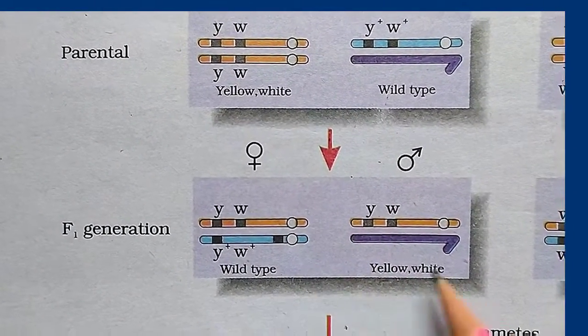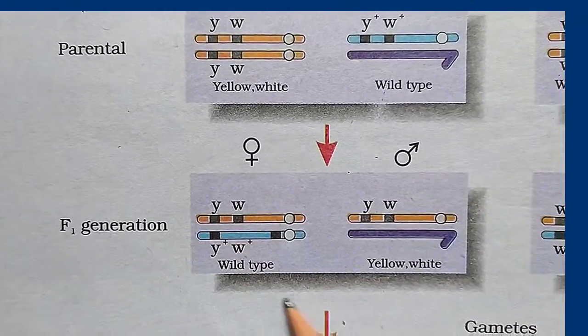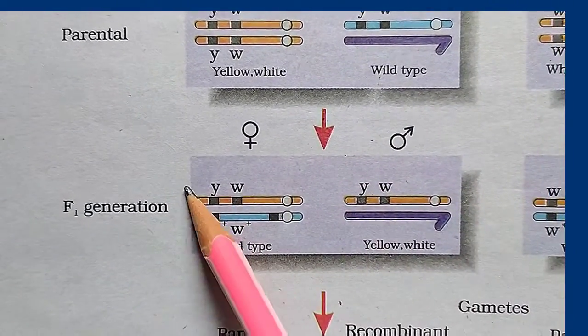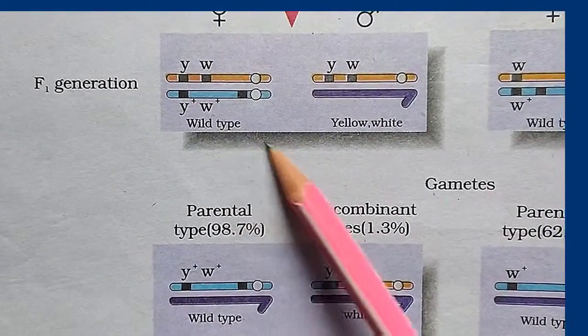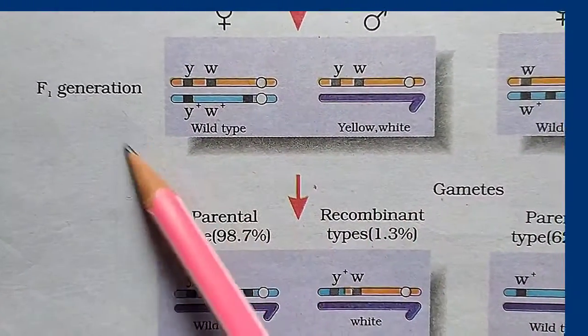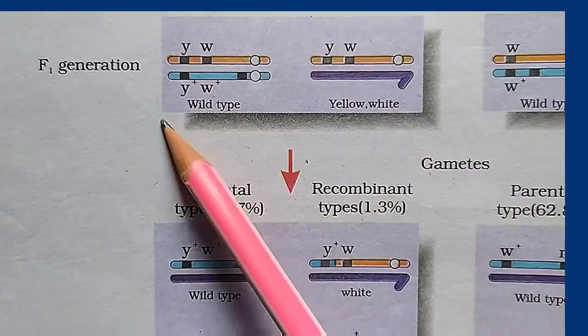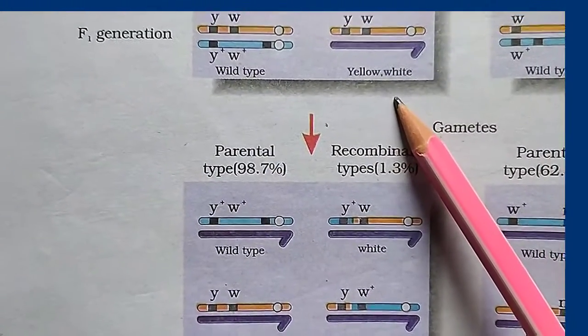So two types of individuals are produced in the F1 generation. When these individuals are fertilized, let's see what happens.